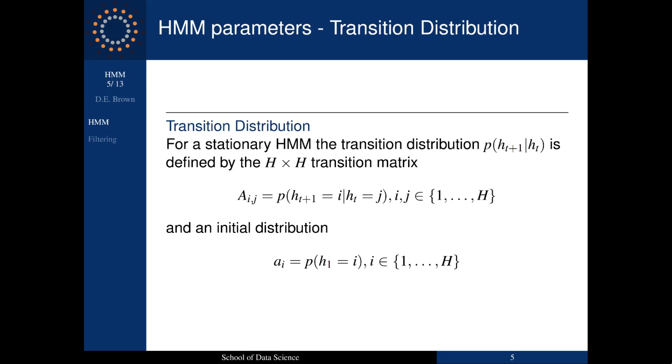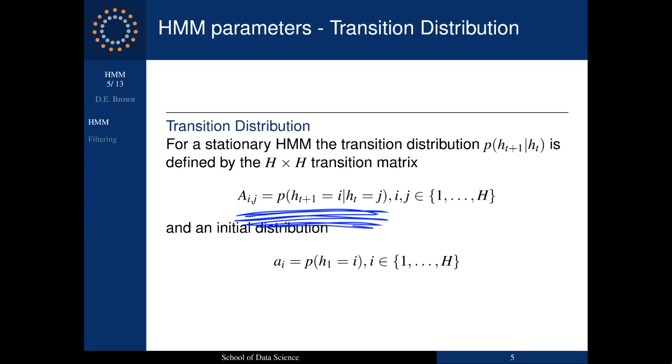Let's look a little more closely at this transition distribution, and in particular we're going to put it into a matrix as we do in most Markov processes or Markov chains. The transition distribution that we're interested in is the transition from hidden state h of t at time t to hidden state h of t plus 1 at time t plus 1. We can use that to define a matrix which is capital H by capital H, where capital H is the number of states for the hidden units.